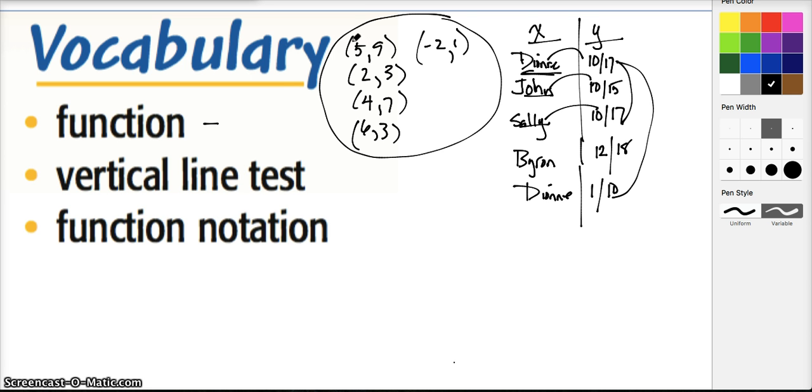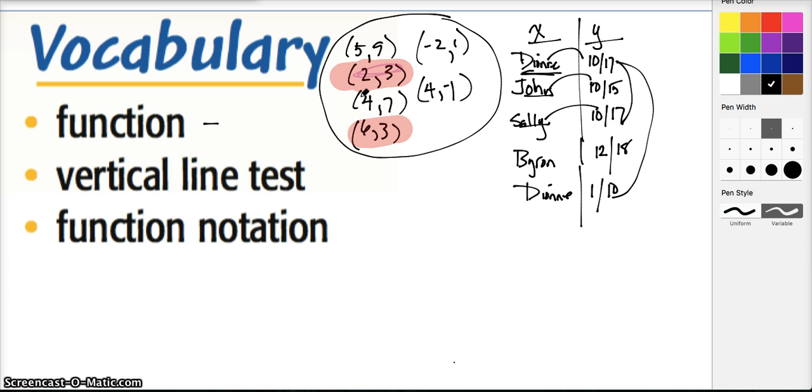Same thing, one x value should not have two separate y values. It is quite okay for this y value right here, this 3, to be associated with 6 and to be associated with 2 as a y value. But it is not okay for us to add into this situation, let's say, (4, -1), because 4 cannot be associated with two different numbers.